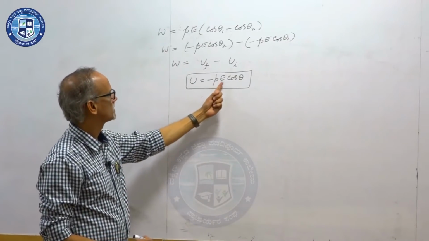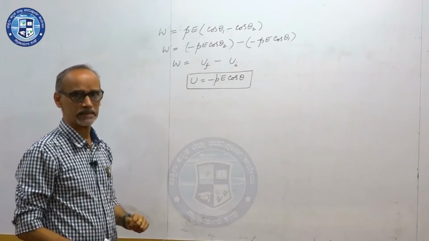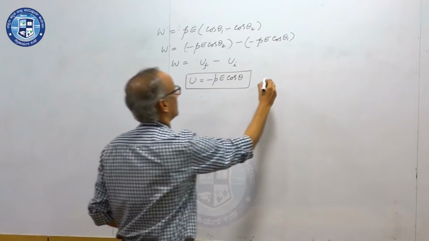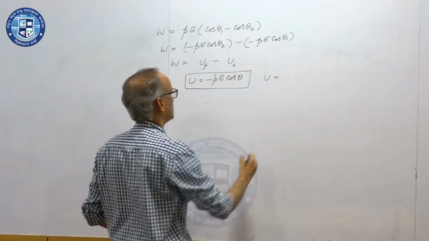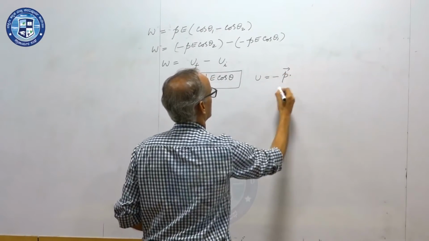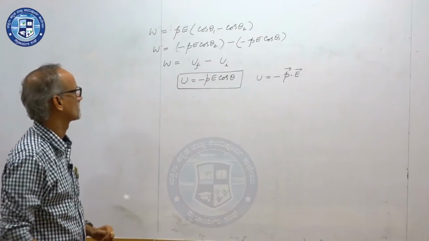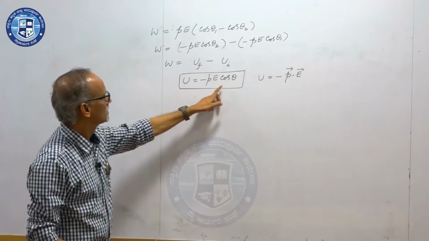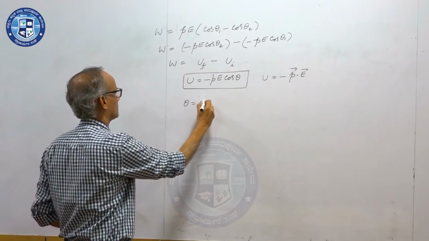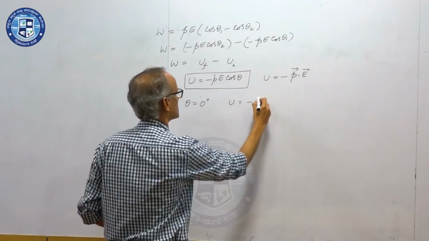So, here we have two vectors, dipole moment is a vector, electric field is a vector, but energy is a scalar, and since it is a function of cos, we can easily write that potential energy is the negative dot product of dipole moment and electric field. Taking various cases, if I consider theta 0, I get U is equal to minus Pe.